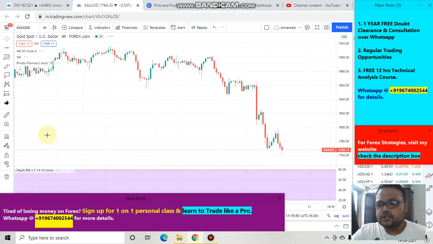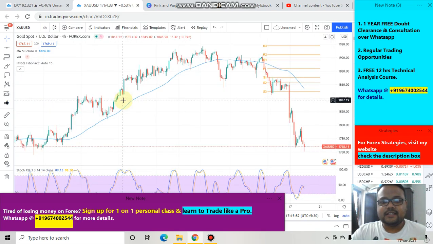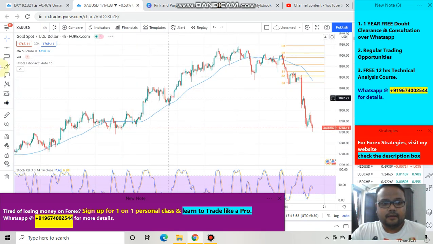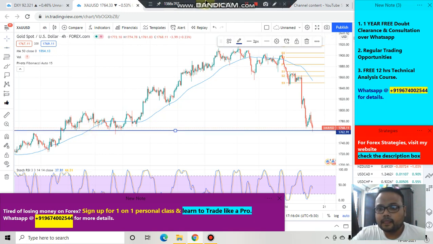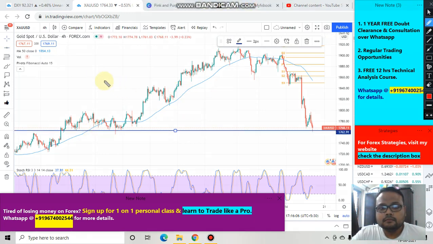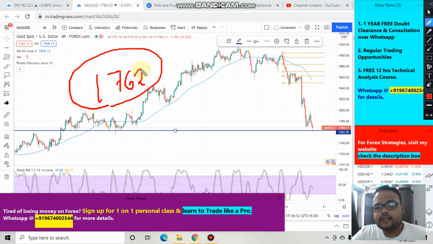So let's switch to our favorite 4 hours time frame and see. Right now we can see that the market is trying to hold its position at this price level.